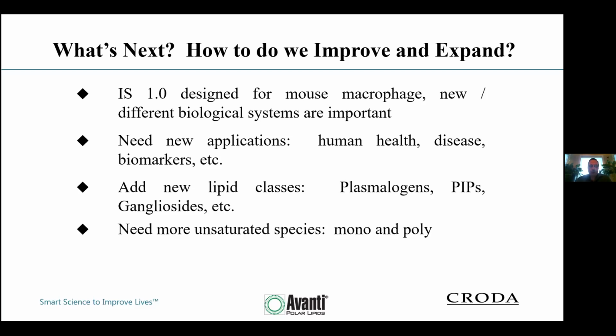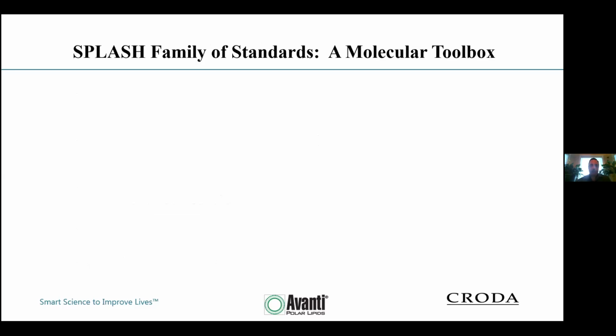And as Gerhard pointed out, we needed more unsaturated species, right? The monos having double bonds in different positions, as well as the polyunsaturated species. And then what we wanted to do too was make very simple lipid standards kits that people could use, ampulated samples that you could just pop the top off and have enough internal standard to spike very large numbers of samples.